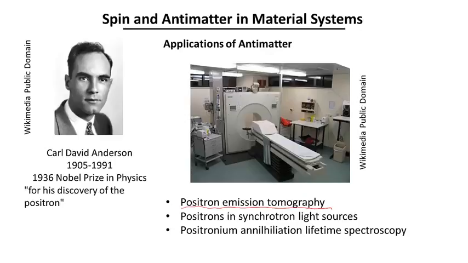Several million positron emission tomographs are taken of medical patients in the United States every year. Positrons are often used in synchrotron light sources because they have a longer lifetime in an electron storage ring. And there are various types of analytical techniques, for example, for finding voids and defects in materials. There's various types of positronium spectroscopy that have been developed.